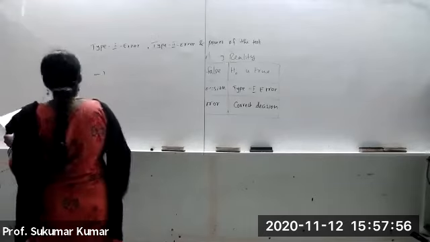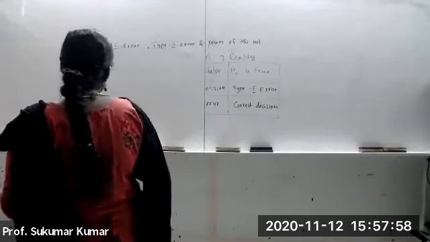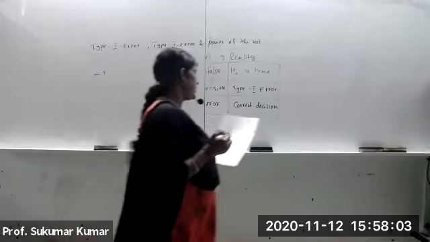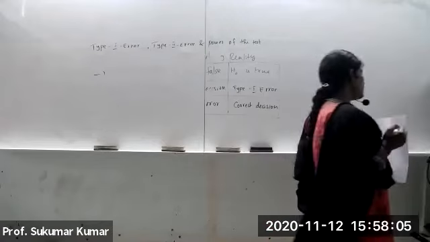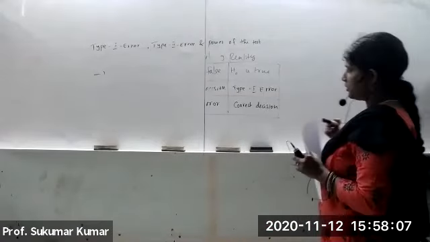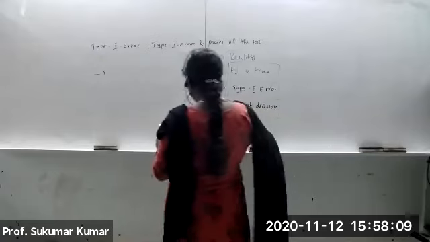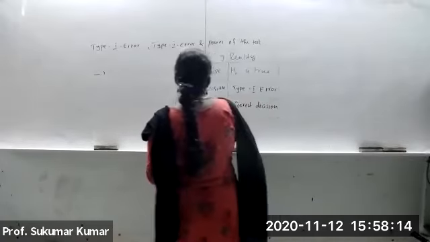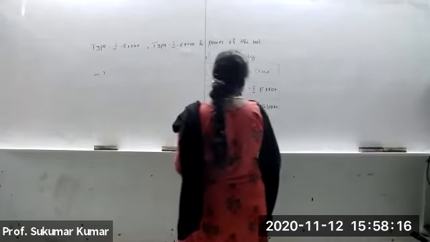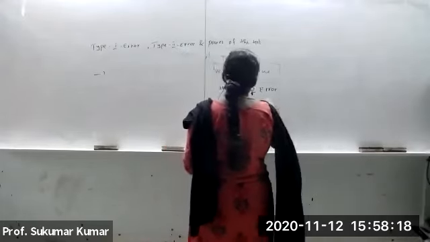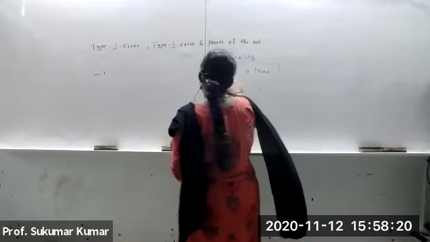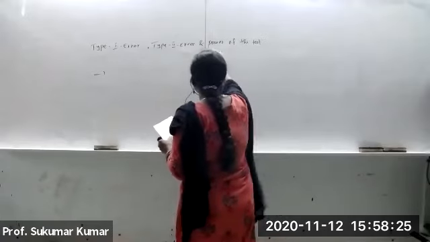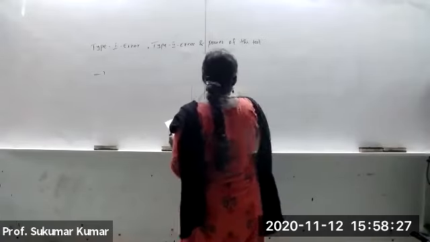Next, the probability of a type 1 error. The probability of a type 1 error given H0 is true is called the significance level of the test, alpha.